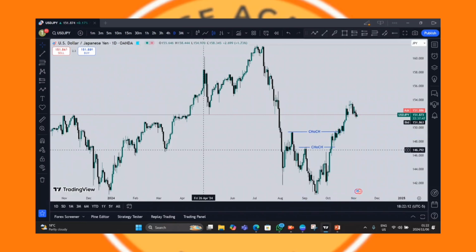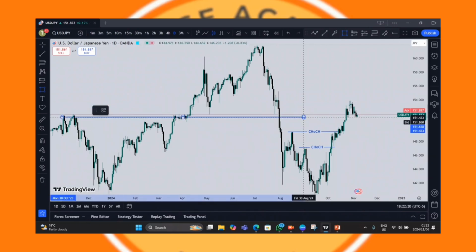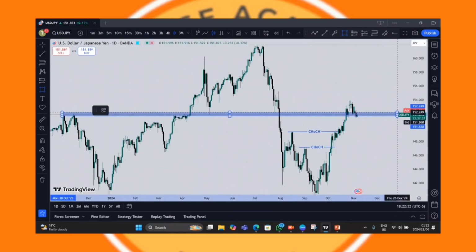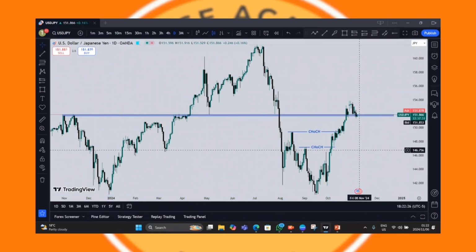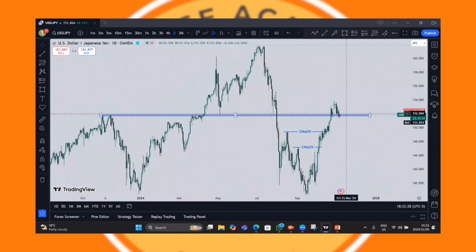And let me just see if there are key zones. Okay, so we have a zone here that the market broke. So this could be a retest, right? This could be a retest going to the upside.